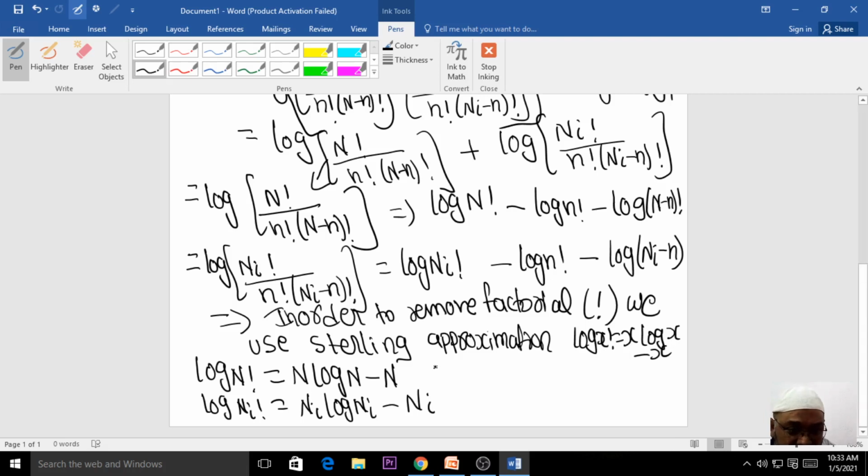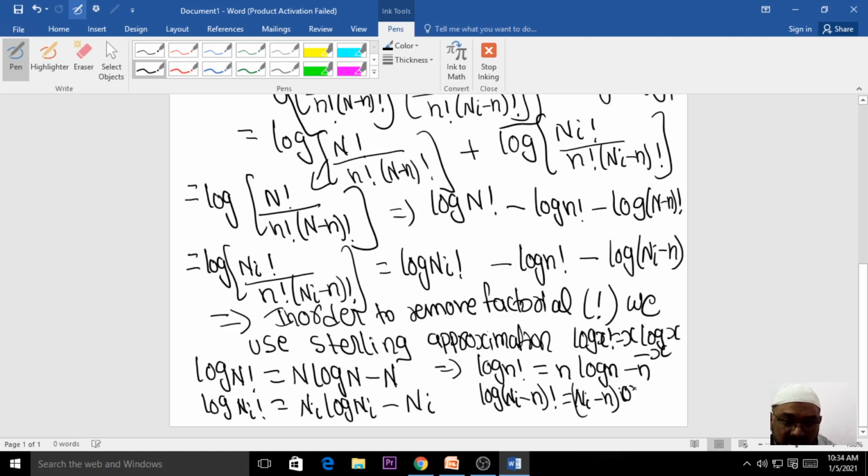Similarly you can write it down for the log (N − n)! also: by using Stirling approximation, (N − n) log (N − n) minus (N − n). And for the other term, (N_i − n)! can be written as (N_i − n) log (N_i − n) minus (N_i − n). Whatever parameter is there, you have to repeat the same parameter.